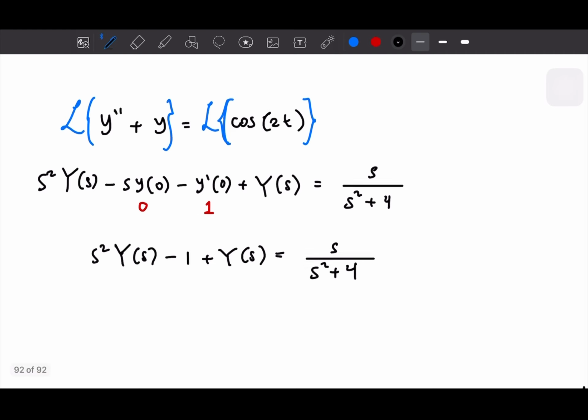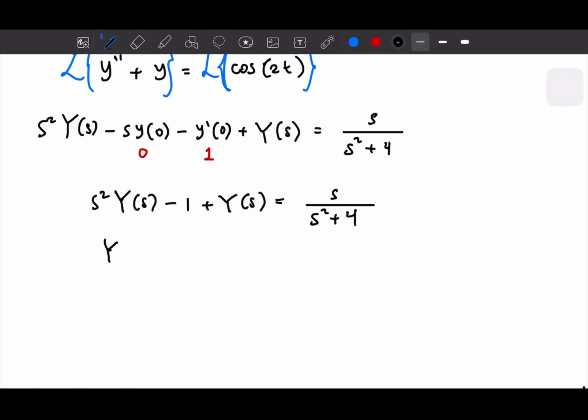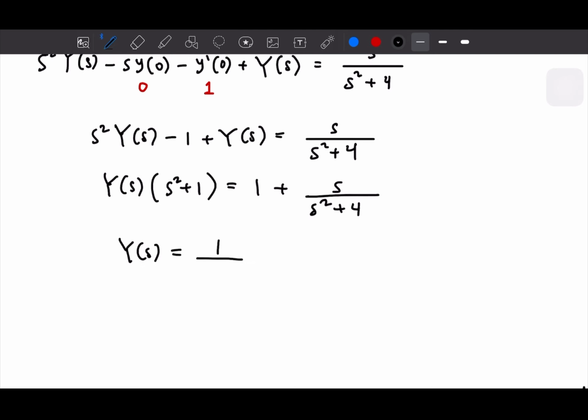Now what we need to do is solve for capital Y, right? And then we have Y equals 1 over s squared plus 1, plus s over s squared plus 1 times s squared plus 4, okay?